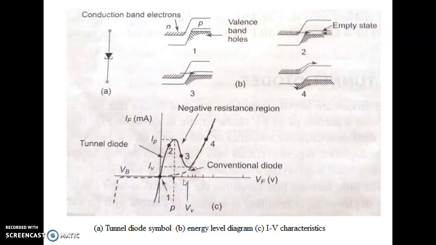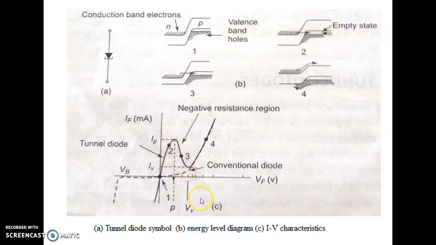As voltage increases further, the conduction band energy levels are raised above the available energy levels in the valence band and become equal to levels in the forbidden band, and no direct tunneling occurs. Current decreases with increase in forward voltage and it shows negative resistance.